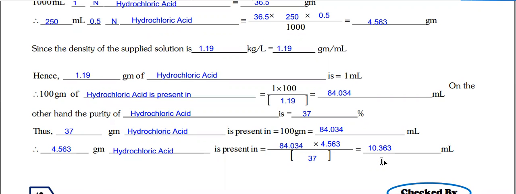So we have to take 10.363 milliliter hydrochloric acid from the supplied container and prepare 250 ml solution.